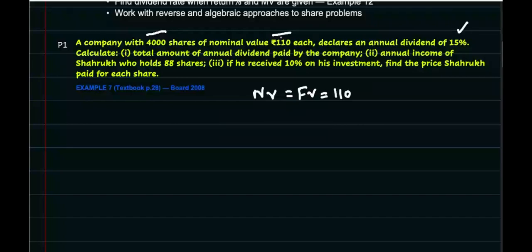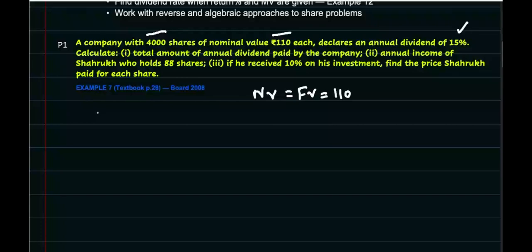So now the total amount of annual dividend the company is paying. Very simple. 15% of 110 rupees, multiplied by 4,000, right? So this is a simple problem. We can do it by one share or multiply it by 4,000, whatever you like.